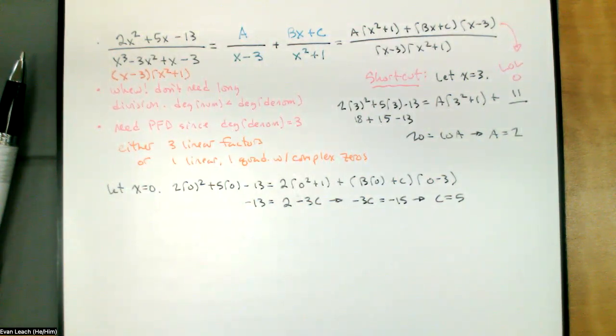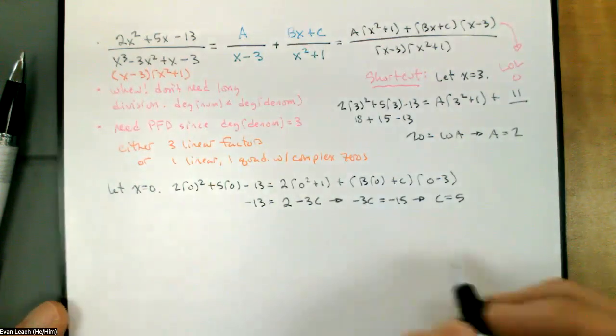Remember, we're pretending that we don't know that b is equal to 0, so let's make sure that we find out that b is equal to 0. We just wiped it out by letting x equal 0. So we need to pick some other value for x. It could be anything that we want. I'm going to pick something easy like 1. 1 seems to be fine in this case.